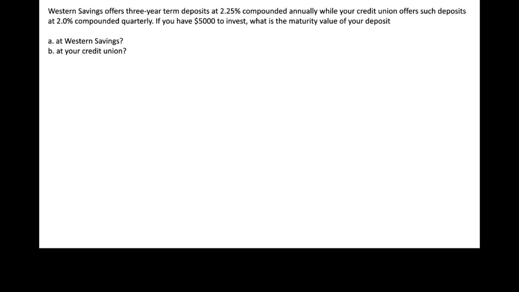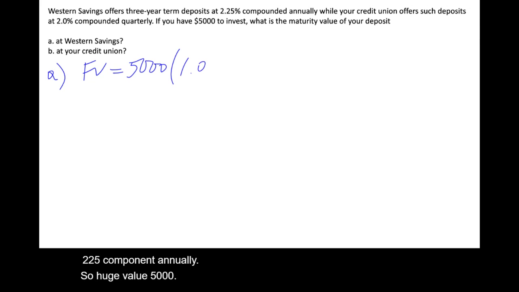Okay, people. So basically, let's start with A. We have 2.25% compounded annually. So future value 5,000 times 1.0225.